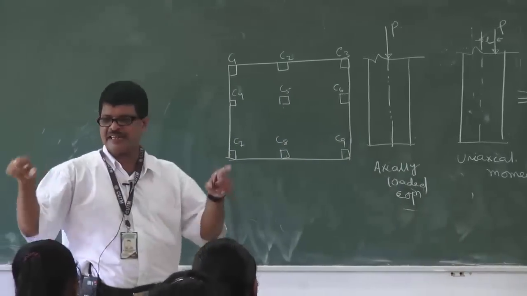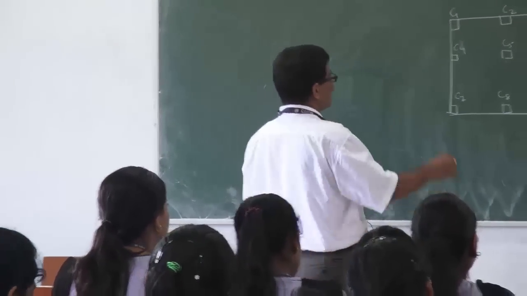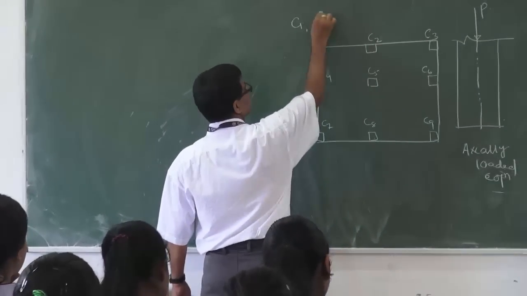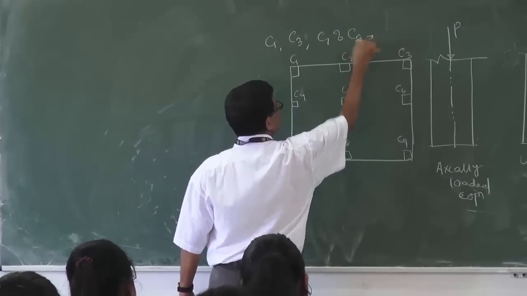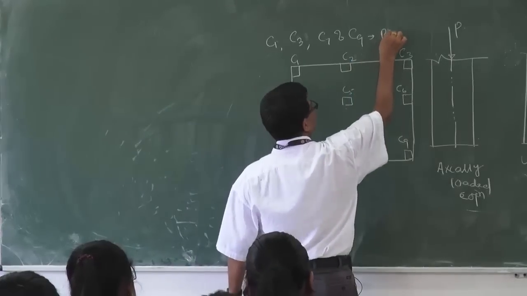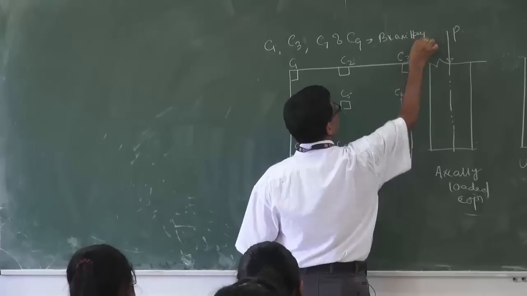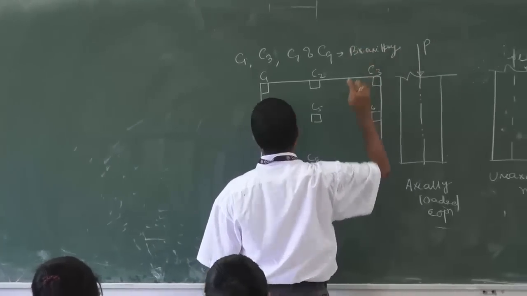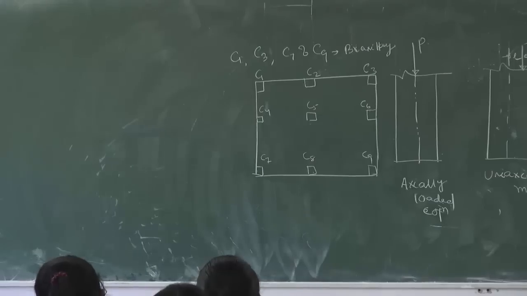Now suppose there is a building and you have 9 columns. Among these columns, the corner columns C1, C3, C7 and C9 are biaxially loaded columns, or biaxial moments.